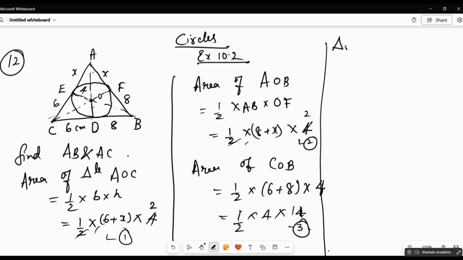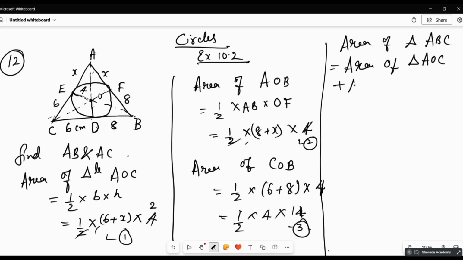Area of triangle ABC is equal to area of triangle AOC plus area of triangle AOB plus area of triangle COB.